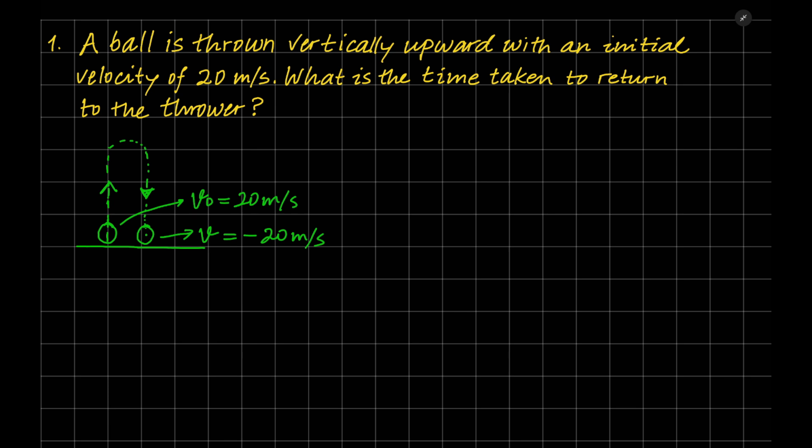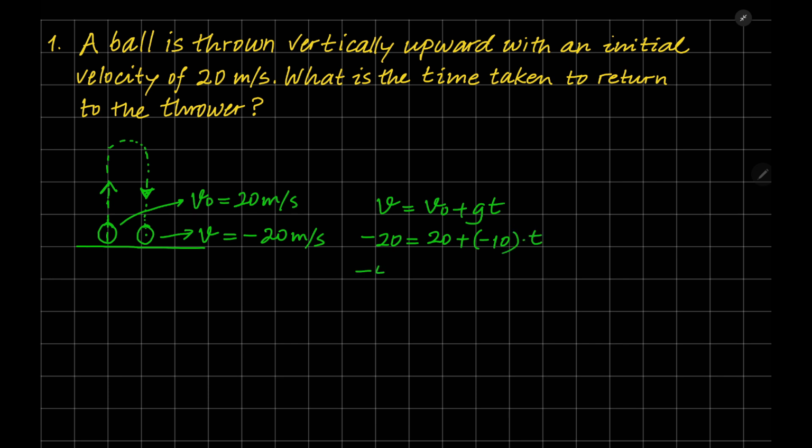Now we can use the formula of velocity, which is equal to initial velocity plus g times t. Then the final velocity is equal to negative 20, which is equal to the initial velocity 20 plus negative 10 times t.